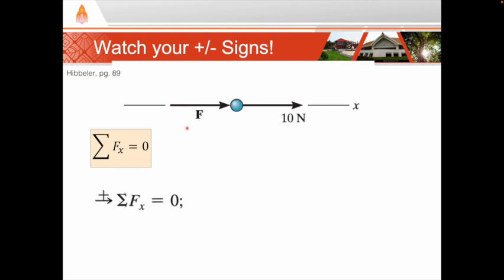So I will make my equation like this: F plus 10 newtons is equal to 0 for this particle to be in equilibrium. Once I solve for F, I find that F is equal to minus 10 newtons. That means that F actually points in the opposite direction of the way that I drew it, like this. Let's look at some examples.